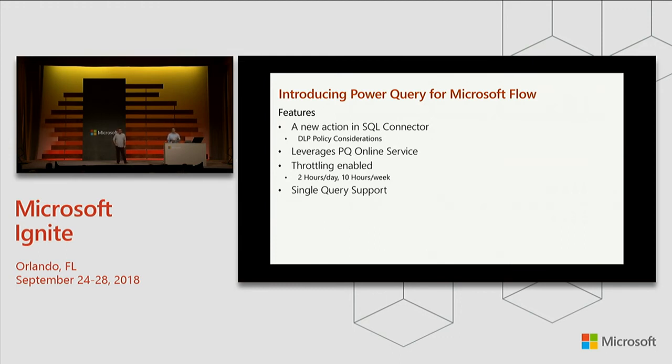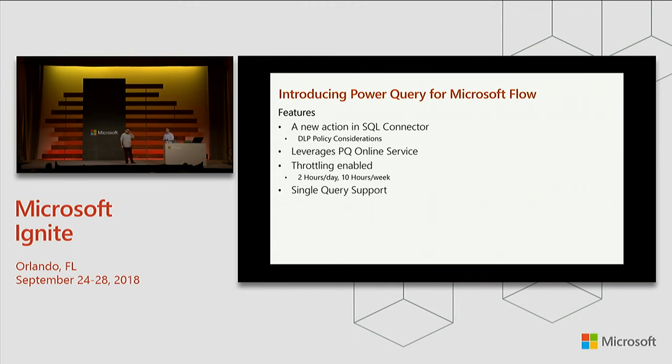So this is going to leverage the Power Query Online service. So if you're using Excel or if you are using Power BI Desktop, that's using a local Power Query service. So there are going to be some differences between PQ Online and the core Power Query service itself. We will do some throttling on you. We will throttle you 2 hours a day or 10 hours a week.